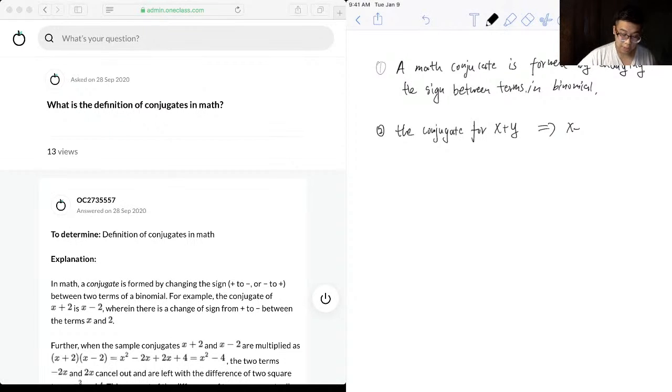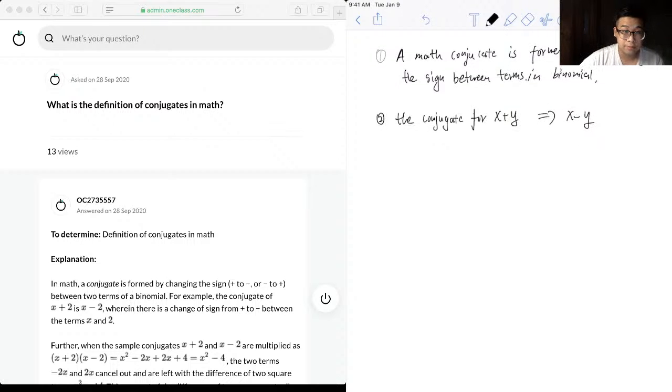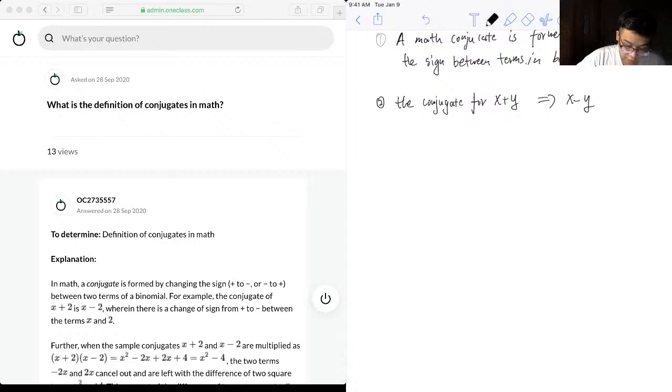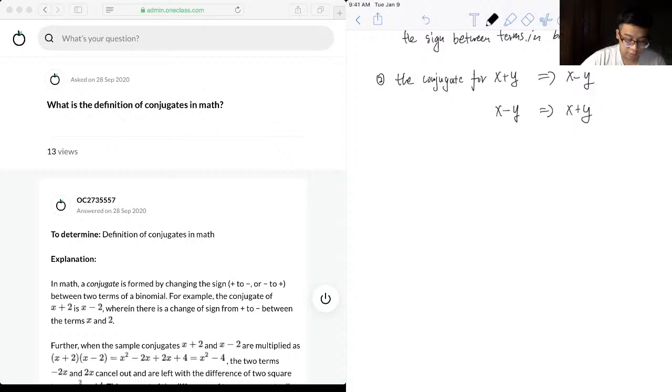So the conjugate for x plus y will be x minus y. And the conjugate for x minus y will be x plus y. As you can see from the example, we simply change the plus sign to a minus sign.